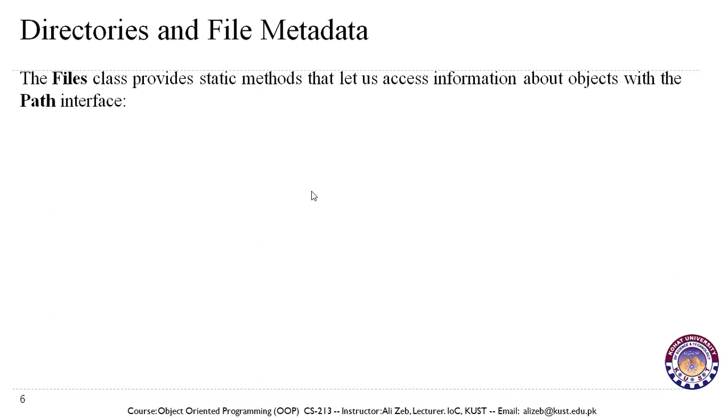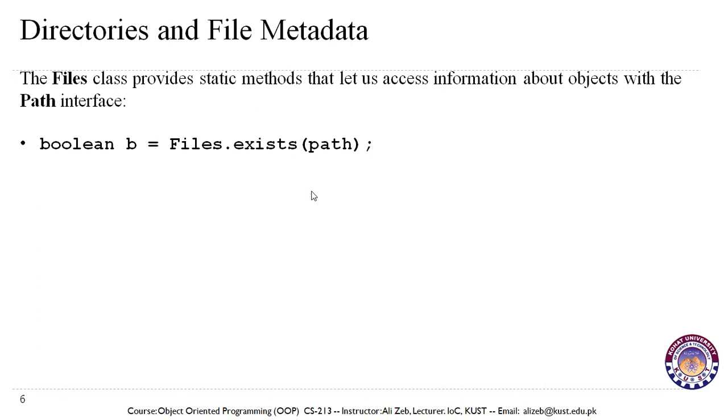The Files class provides static methods that let us access information about objects with the Path interface. So we have another class called the Files class along with the Paths class, and its static methods let us access information about paths.